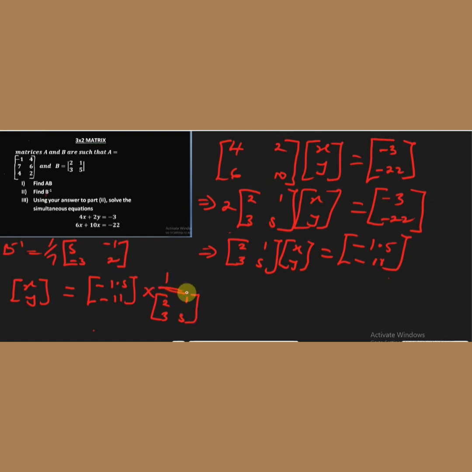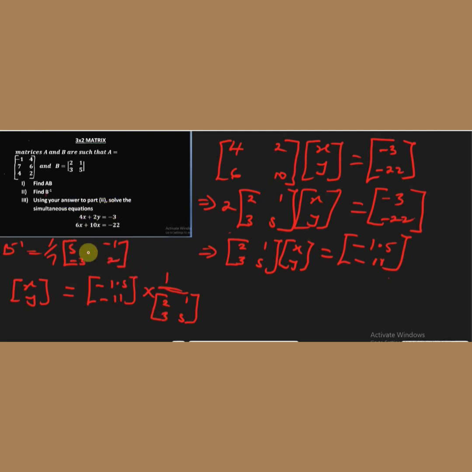So now this 1 over, remember in mathematics, for instance, we have 1 over b is equal to b inverse in indices. This and this are the same. So I'm going to find the inverse of this, that is the inverse of 2, 3, 1, and 5. And finding the inverse is going to give me this, because they say using your answer to part 2 solve the simultaneous equation.